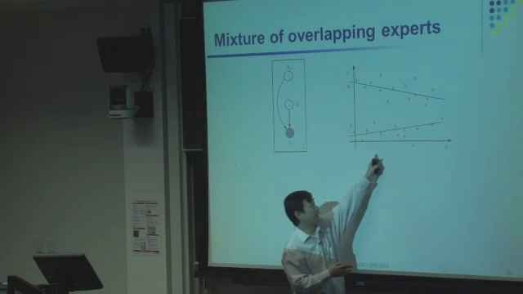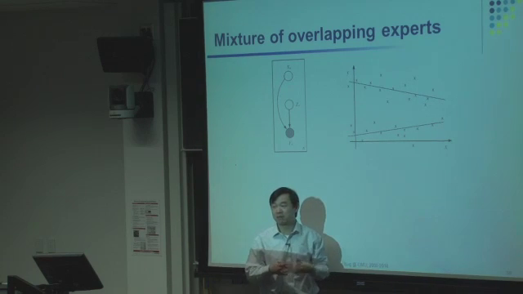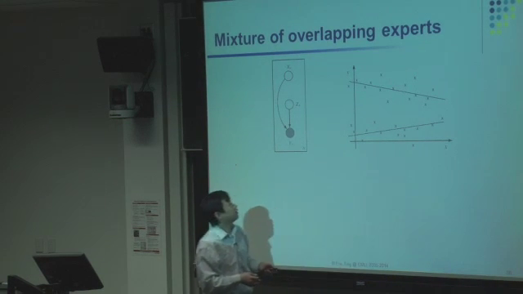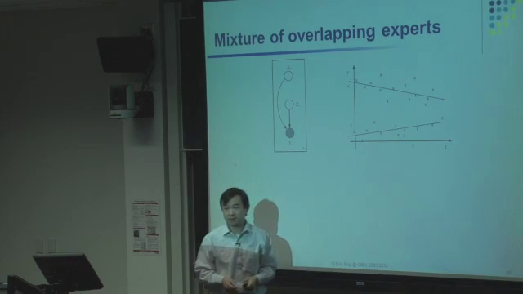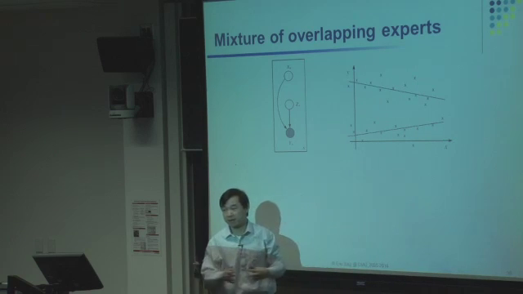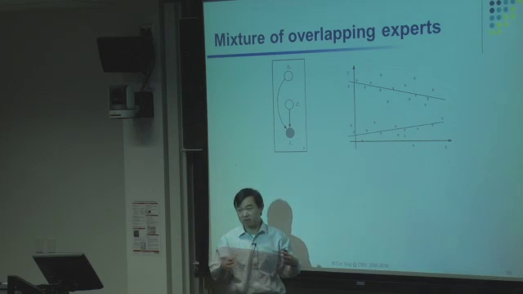For example, in X, whether it is in here or here, we don't really choose one of the possible options to do the regression or to do the emission. Instead, we are going to assume that no matter where my X is, remember, X doesn't have to be on a line, it could be a high-dimensional space, no matter in which area my X is, I want the regression model to have a multimodal behavior.